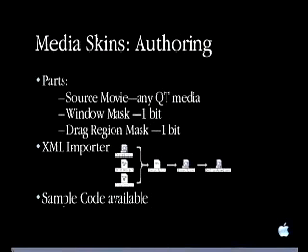The basic way that a media skin works is you have 3 parts. There's the source movie, which is anything that QuickTime plays, any kind of QuickTime media, which is a large list of things. You've got a window mask, a 1-bit mask, which defines the shape of the movie, and a separate 1-bit mask which determines the area that the user will be able to click on to drag.